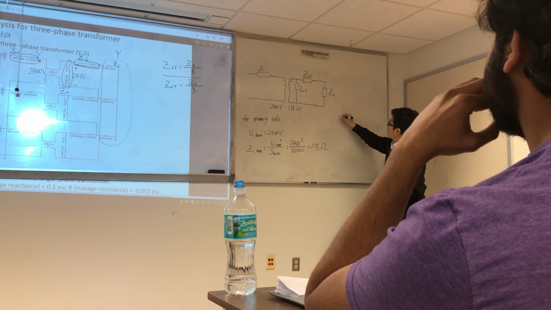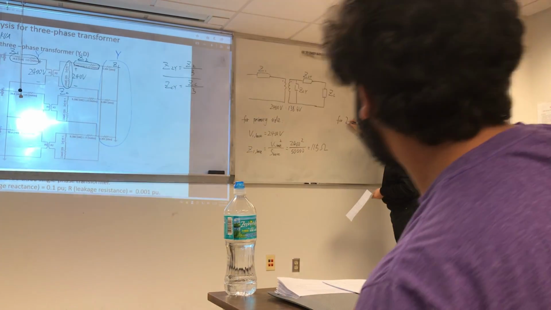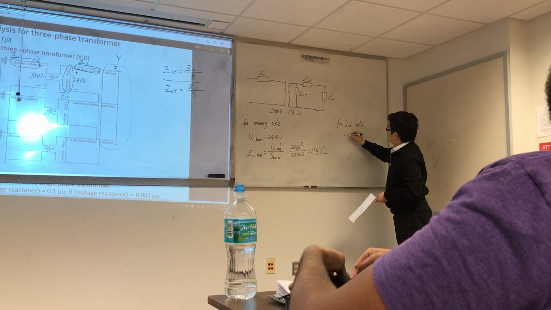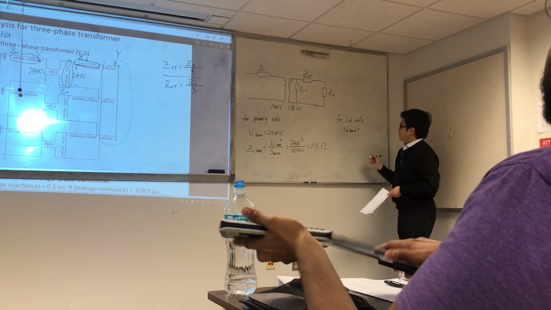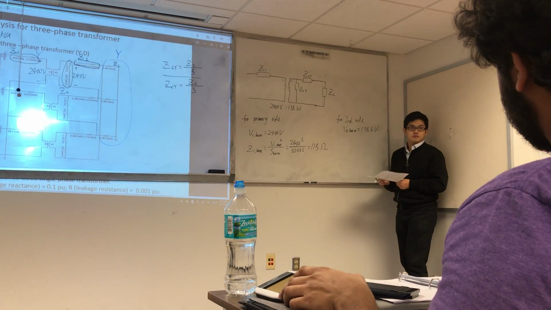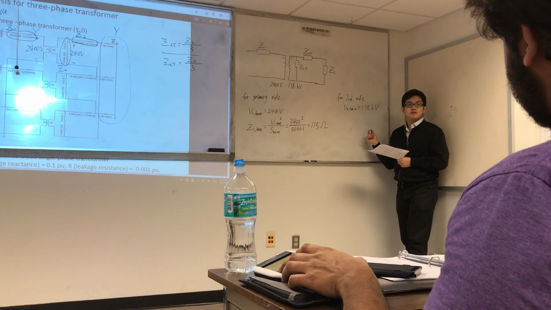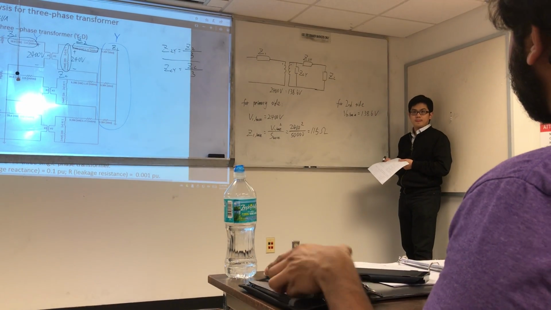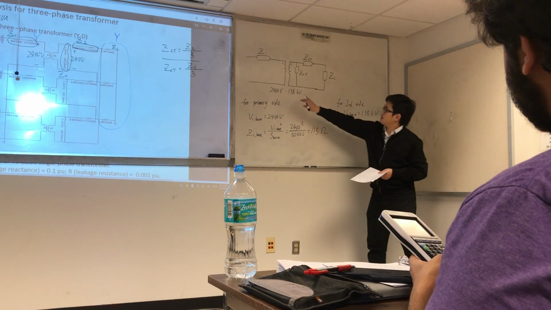Okay, for the secondary side, V2 base, right now it's V2 base, is 138.6 volts. Is it too fast? Okay. So V2 base is this one.